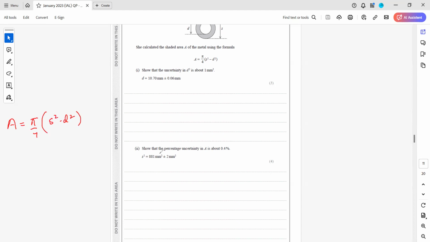So what we can do, and this is directly the uncertainty, the value of S square is given and the uncertainty of S square is also given, which is 2 millimeters square. And for D, we worked out the value and the uncertainty in D, and then we already worked out the percentage uncertainty. So we can work out the percentage uncertainty in S square, which is 2 divided by the value recorded 881 into 100.